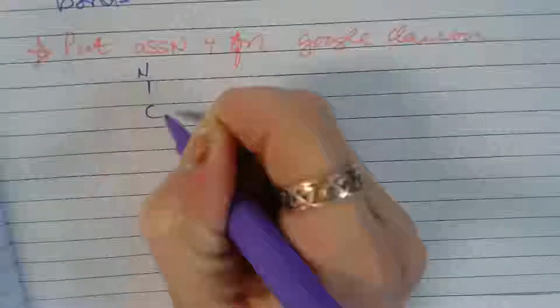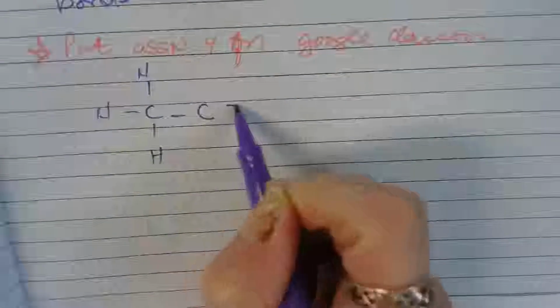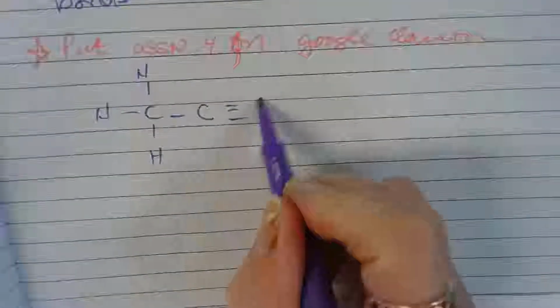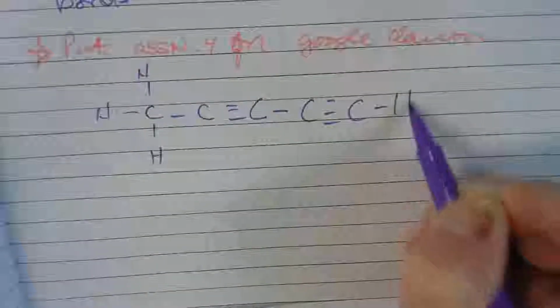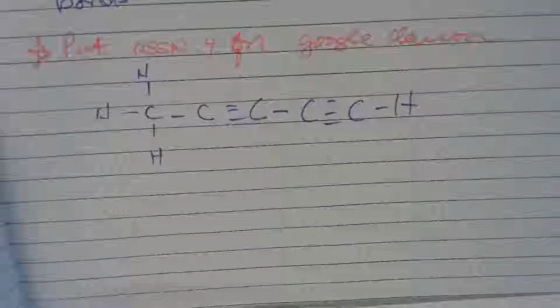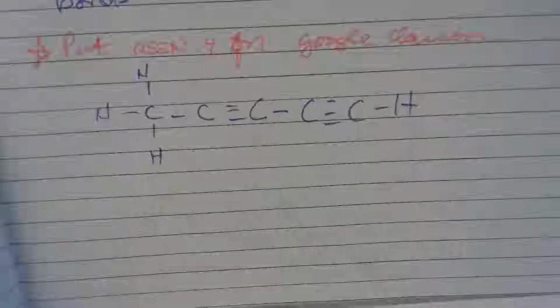Okay, so you had on one of your quizzes, you were given this structure, and you were asked to circle the type of molecule.